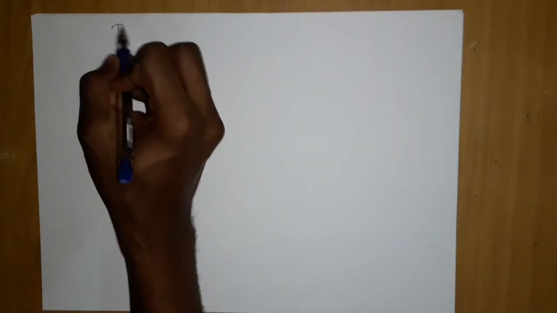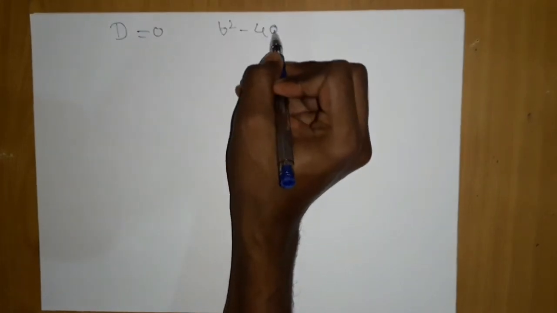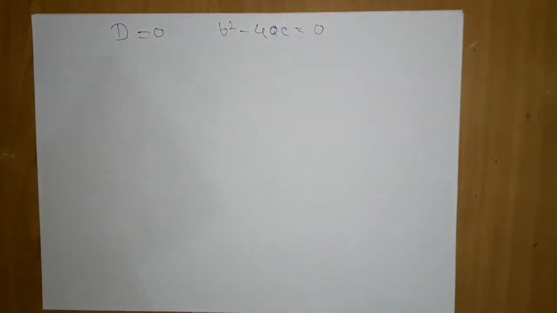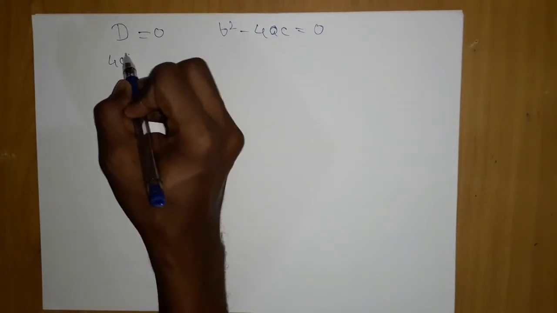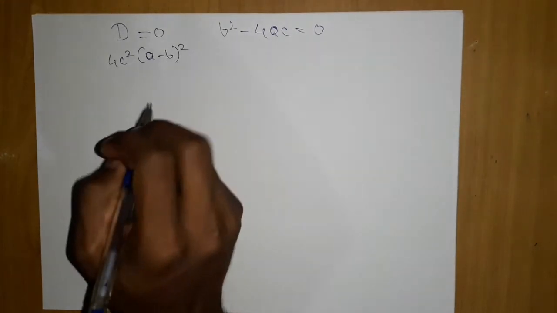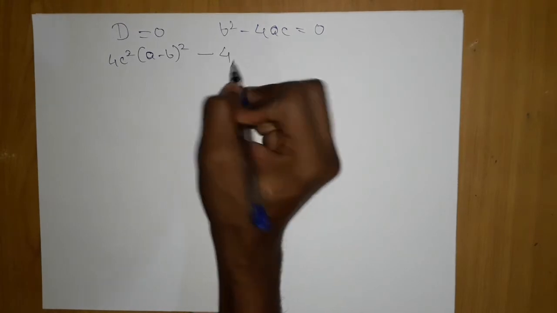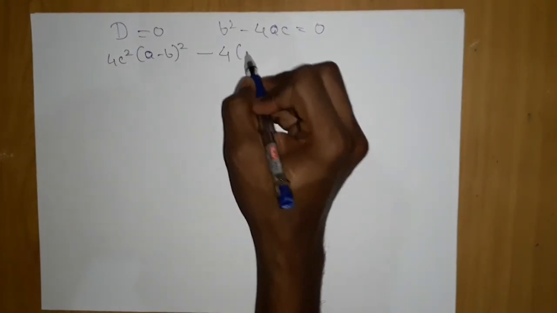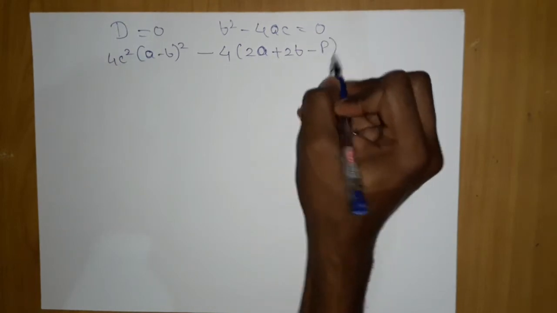Okay, so D equal to 0, we will apply this condition. What does this mean? b square minus 4ac should be equal to 0. Let me put the values. We have 4c square. I'm directly putting the values to save time. You can follow these steps because we have done a pretty large number of questions, so you will be well equipped with such things.